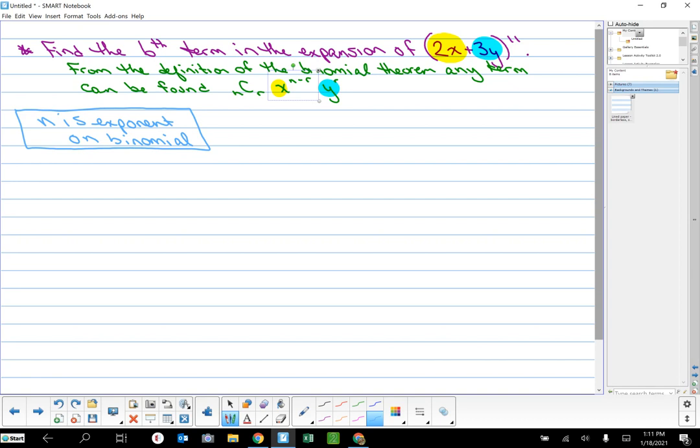Okay, so here's how I did this in my notes. I wrote down, a sub 1 would be represented by this C, the n is the 11, and we're starting at 0. And then a sub 2 would look like C to the 11 with a 1. A sub 3, a sub 4. We want a sub 6, right? I'm going to give you a generality.